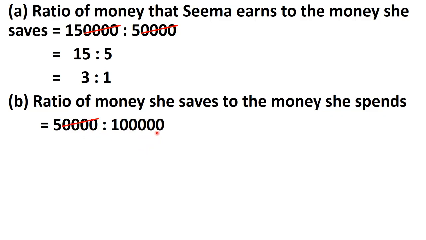These 4 zeros will be cut by these 4 zeros. So what is left now? 5 is to 10. Converted into simplest form, 1 is to 2. 5 ones are 5, 5 twos are 10. See that part? Okay, 2 parts are there.